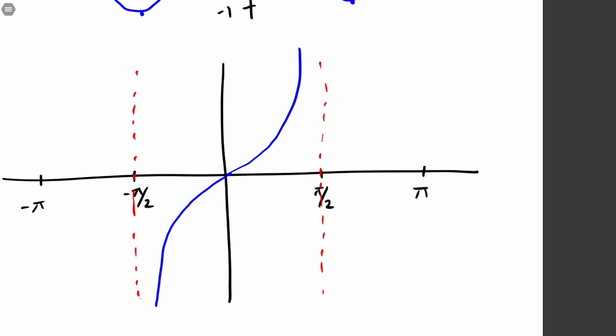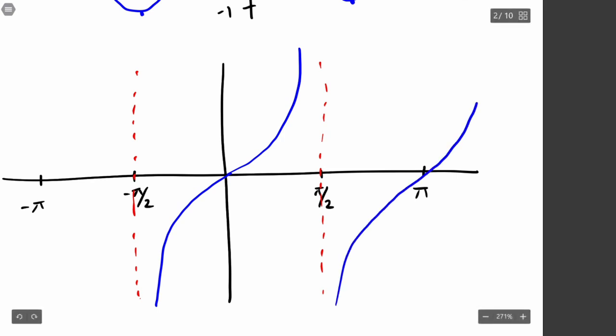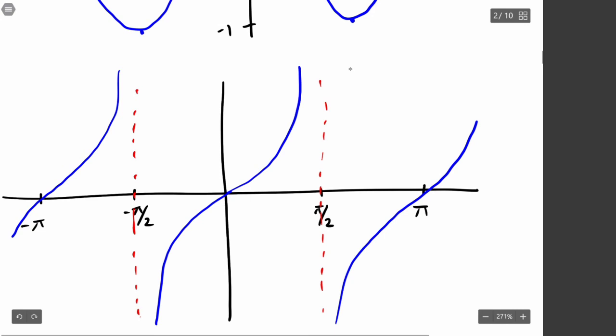So you basically just copy and paste this picture as you go along. We're going to get something like this, and like this. You just keep pasting this little snake shape over and over. And this is tangent theta.